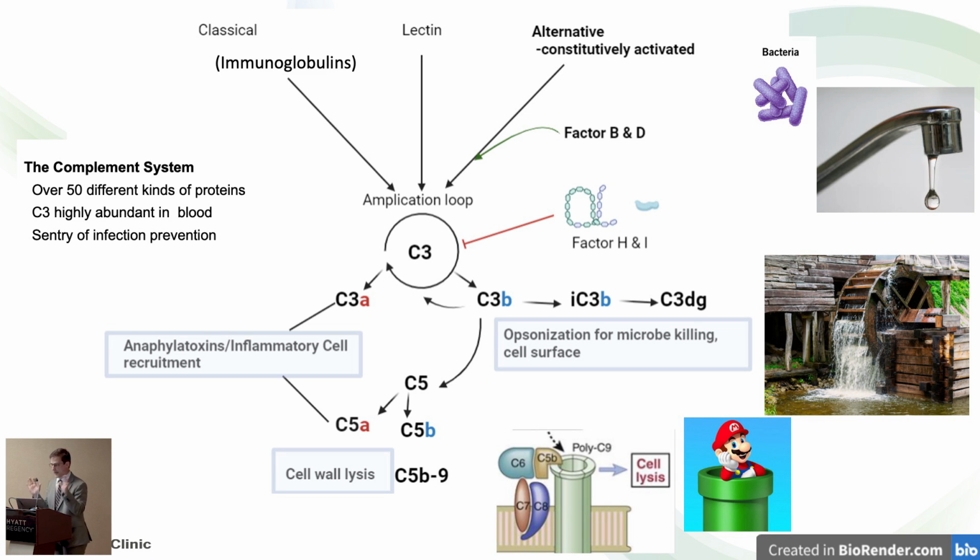So to take a step back to appreciate how complex the immune system is, there are 3 arms of the immune system that I'll talk about, and there's more than that, but for the sense of this talk. So there's classical, and that would be immunoglobulin. When you make antibodies to a virus or bacteria, this arm of the complement immune system finds that, and that triggers inflammation in this system.